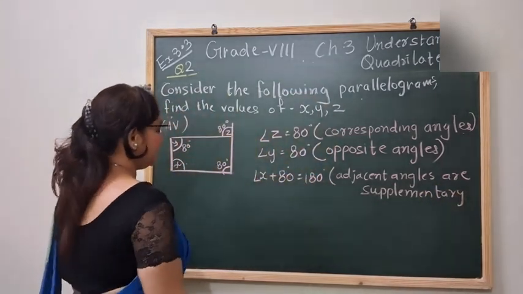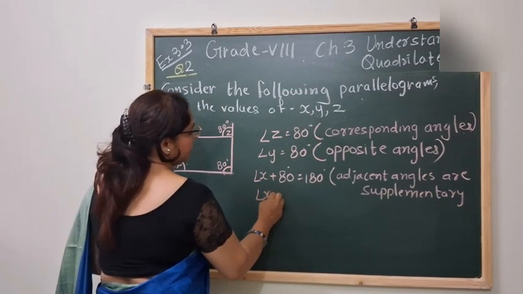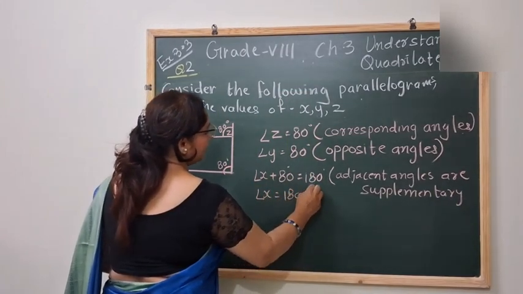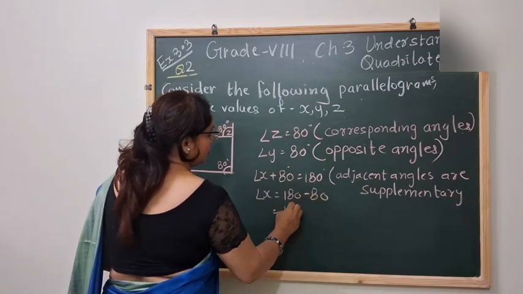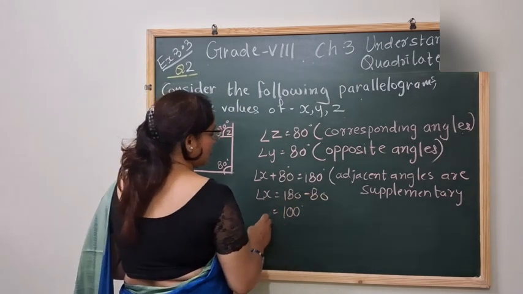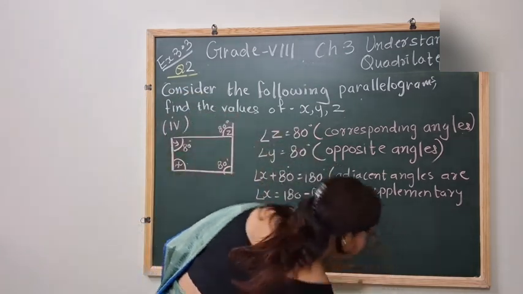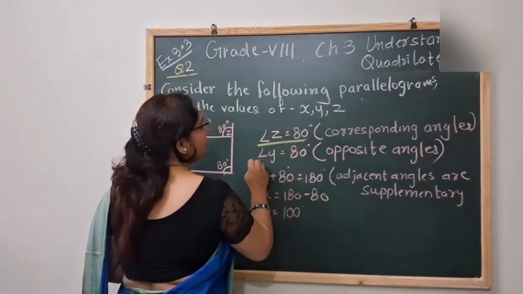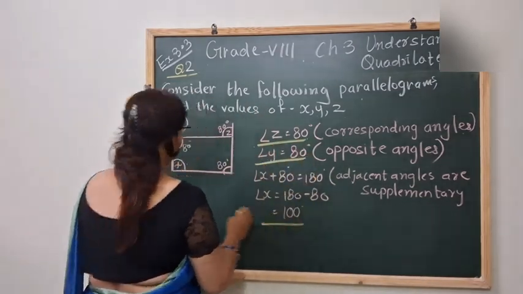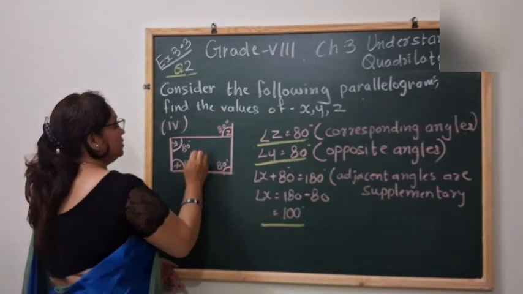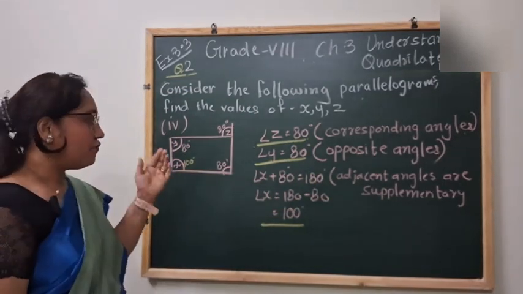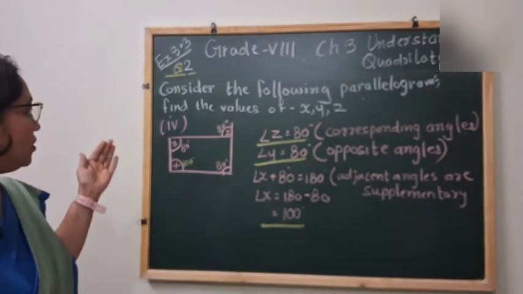So angle x is equal to 180 minus 80 is equal to 100 degrees. So we have got the value of angle z is equal to 80, y is equal to 80, and x is 100 degrees. So we are finished with the fourth question of question number 2.